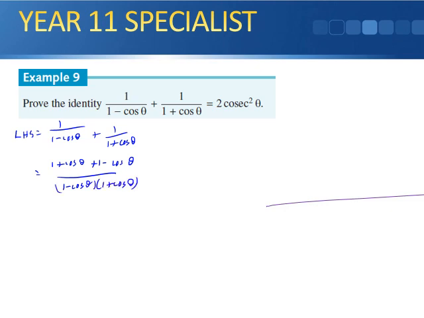The cos thetas cancel, as we know, so we're going to get 2 over, this will be 1 squared, which is 1 minus cos squared theta, which just equals sine squared theta, so that's 2 over sine squared theta, and we know that 1 on sine squared theta is cosec squared theta, so this is 2 cosec squared theta, which equals the right hand side.